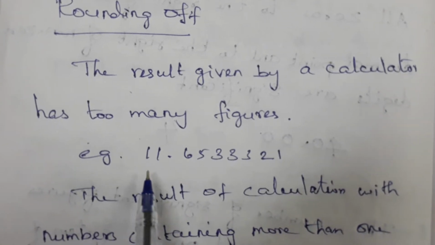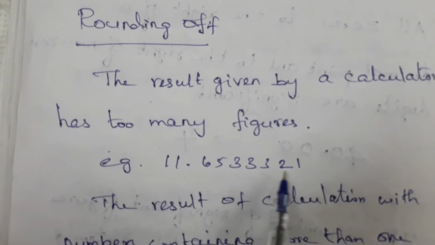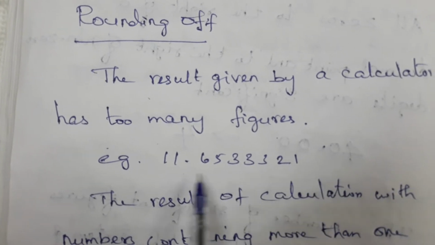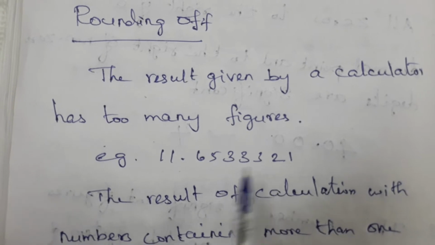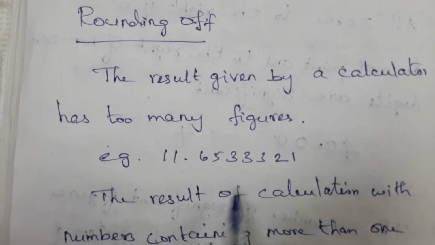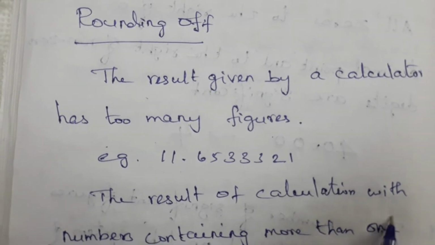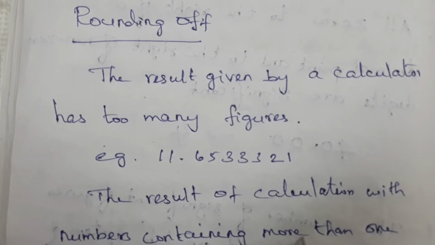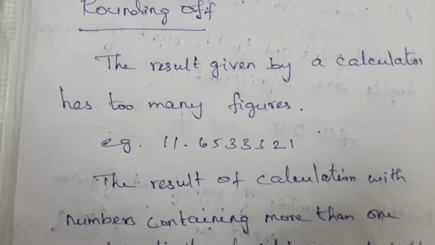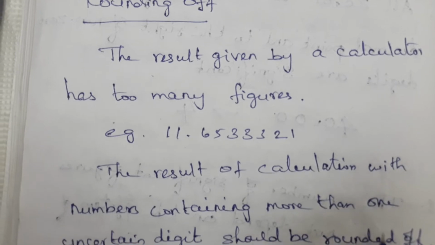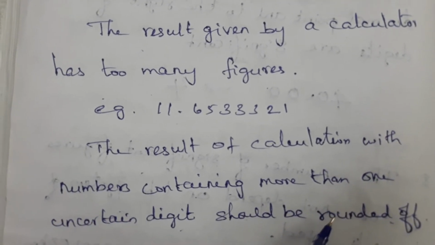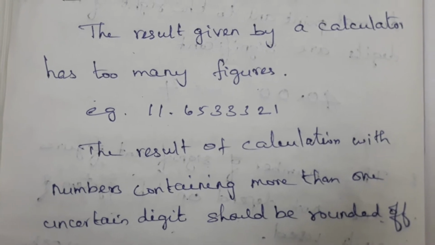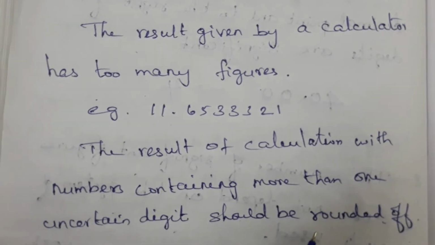For example, 11.65333321 etc. So all the digits displayed from the calculator we are not using. We have to be rounding off. The result of a calculation with numbers containing more than one uncertain digit should be rounded off. After the decimal point, we will use either 2 or 3, mostly 2 digits. So, the uncertain digits should be rounded off.